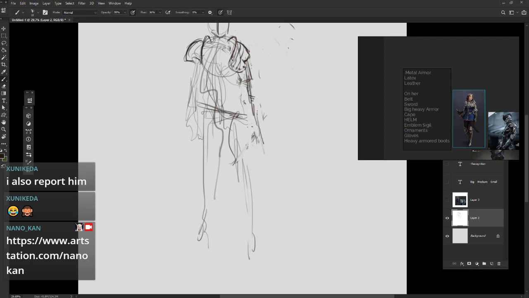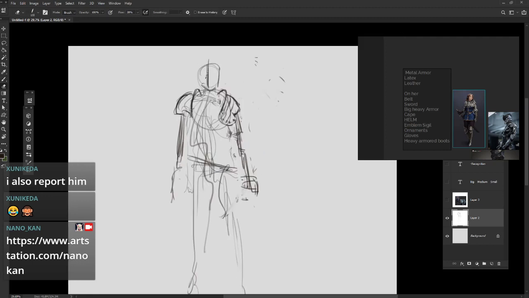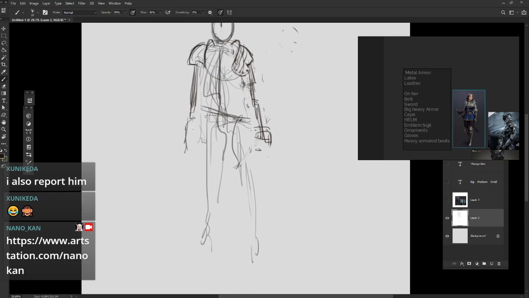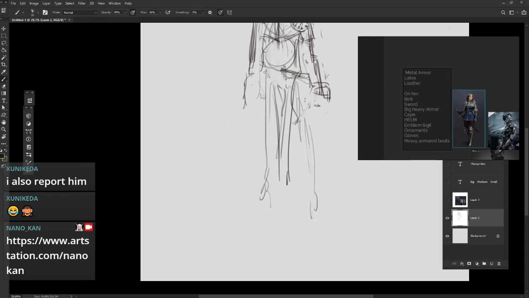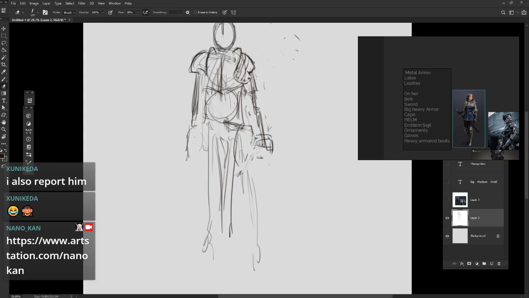Right now I try to do anatomy as well as possible. Nice, and here is, I think, the big armor. And here it goes something down. Here's probably the latex part. A belt. I need a belt. Doesn't matter how it looks, I can fix it later.